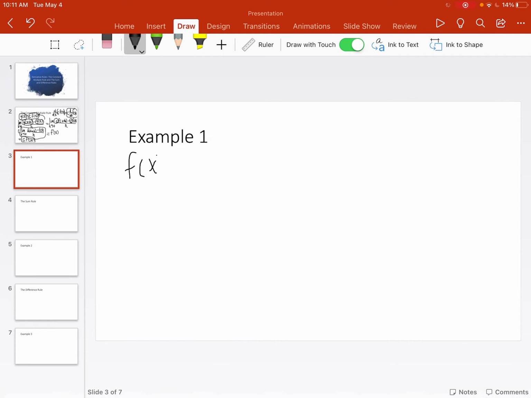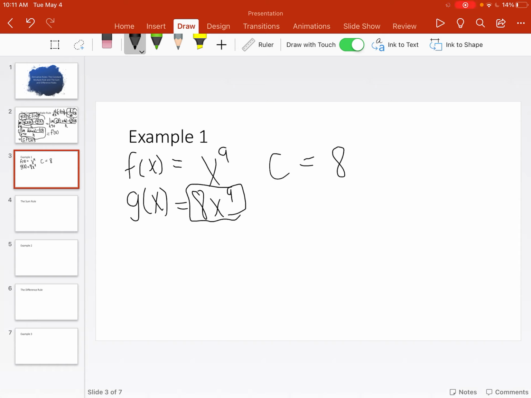Cool. So let's do an example. Let's say f of x is equal to x to the 9, and let's say c is equal to 8. So our g of x is 8x to the 9. Let's find the derivative of this. Our f of x is this part and our c is this part.